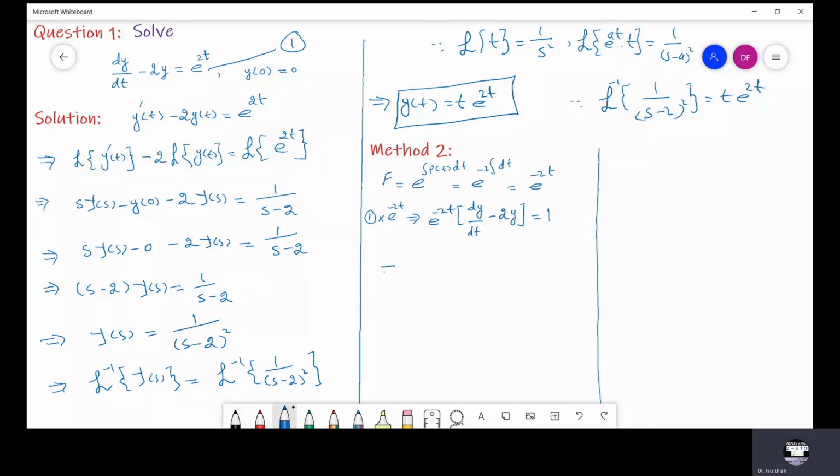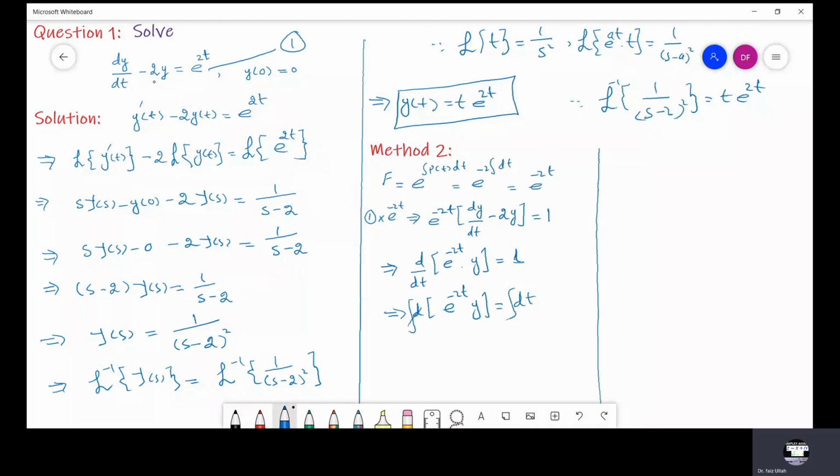And now, according to the previous lectures, we know that it is d by dt of the integrating factor into the dependent variable. This one is 1. From this we can write d of e power minus 2t into y is equal to 1 dt. Let us integrate both sides.